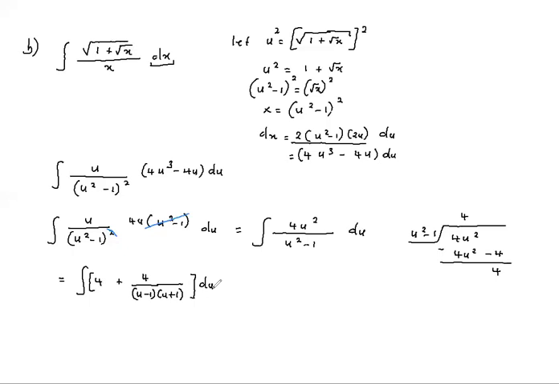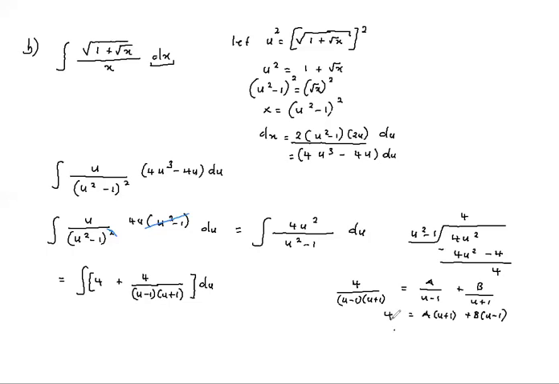Then from here, we'll have to get 4 over u minus 1, u plus 1, and break it into partial fractions, where we have a u plus 1 plus b u minus 1, and this is equal to 4.